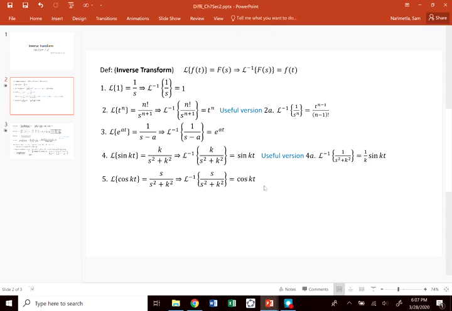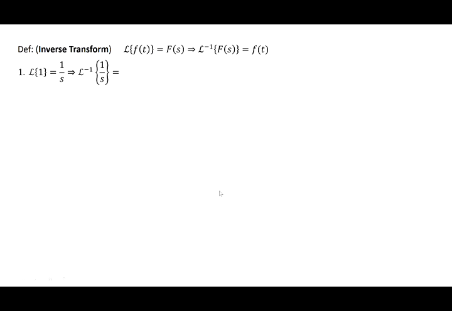Okay, sorry about that, folks. So Laplace inverse of n factorial over s to the n plus 1 equals t to the n. But the thing is, problems won't look like that.